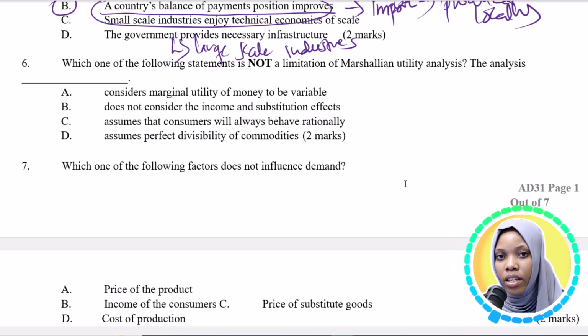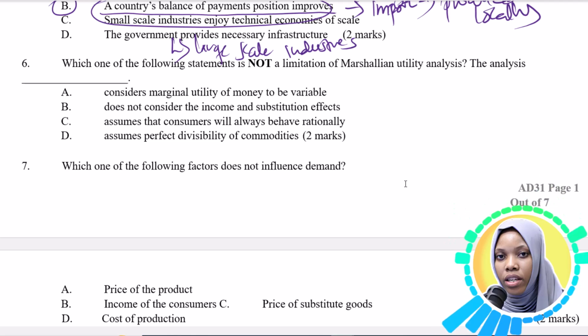Choice B does not consider the income and substitution effects. Choice C assumes that consumers will always behave rationally. And choice D assumes perfect divisibility of commodities.